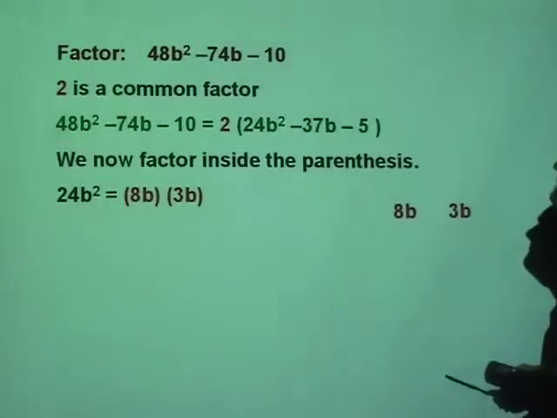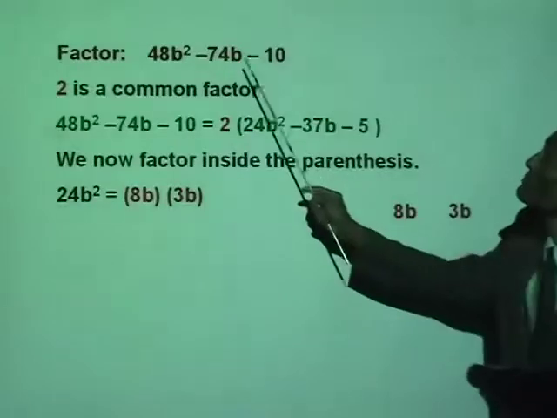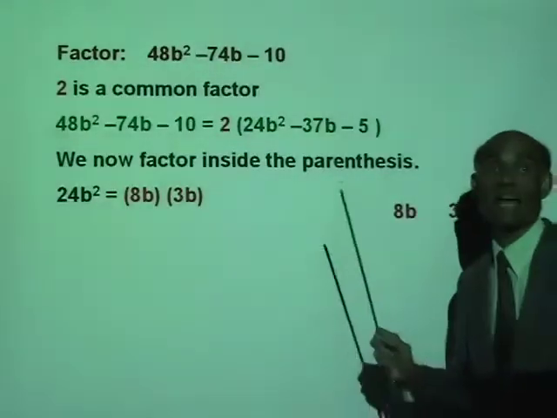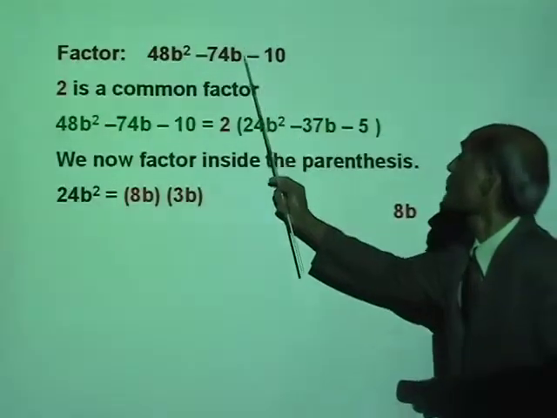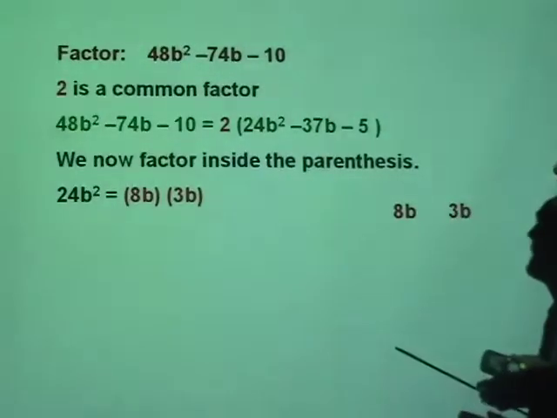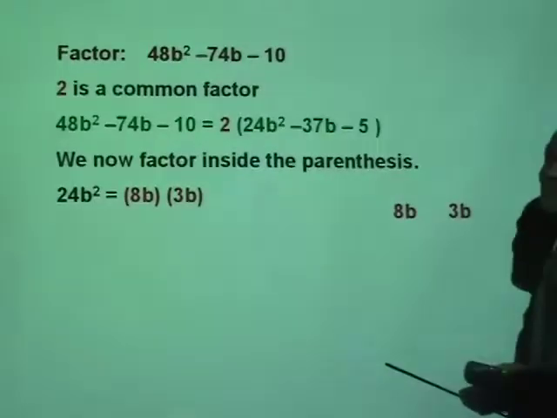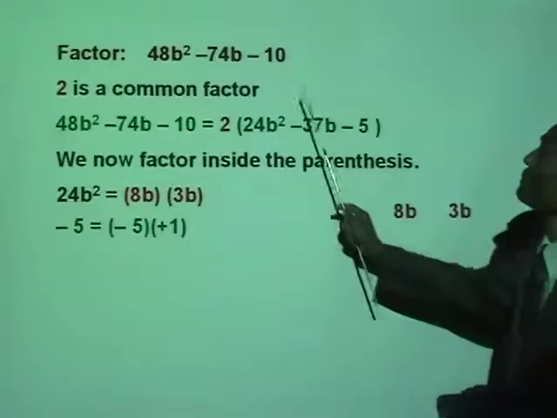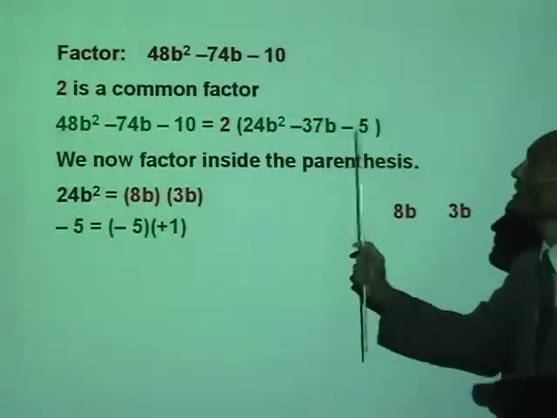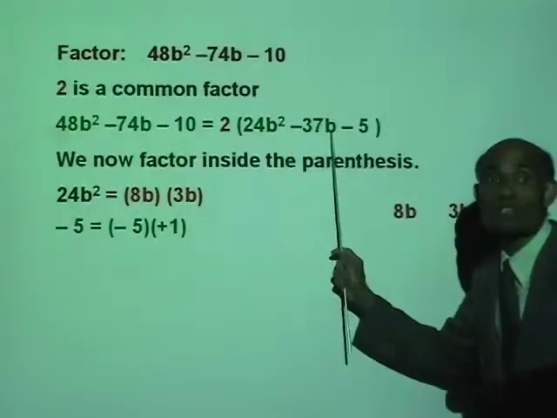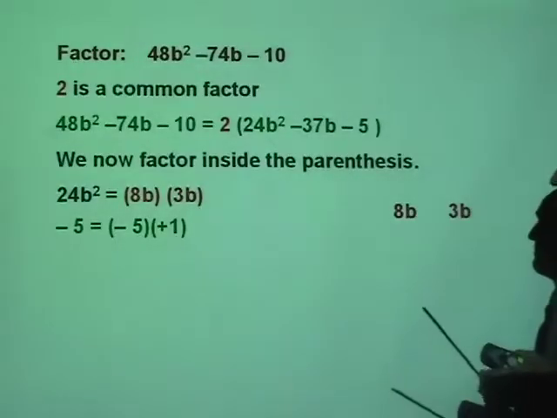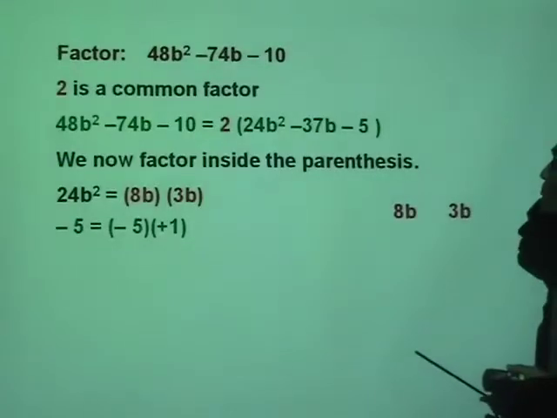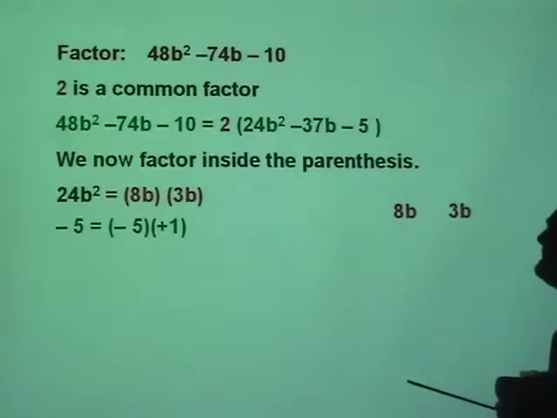Is that right? Yes. The middle term is negative 37. Right? Okay. How do we produce that negative 37?